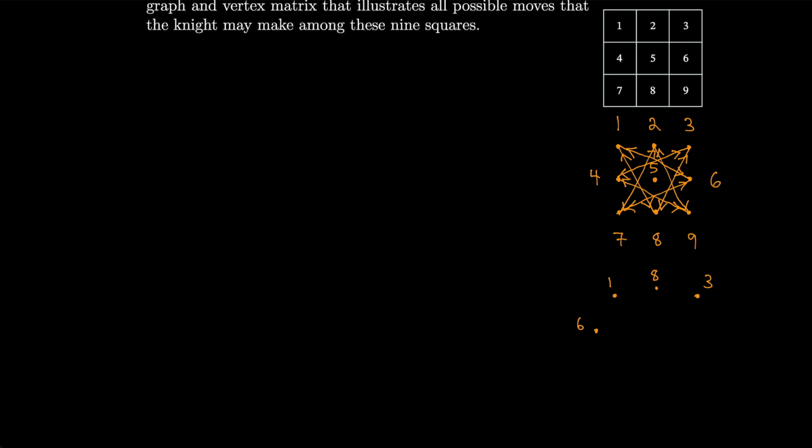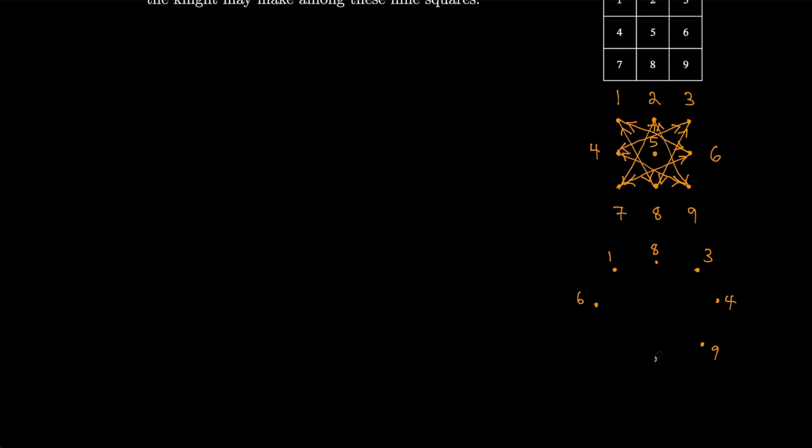And then 4 connects to 3 and 9, so I'll just go to 4 and then down to 9, which connects to 2 and 4, so I'll put a 2, and 2 goes to 7 and 6, so I'll just put 7 in between them, and then I can connect like this.